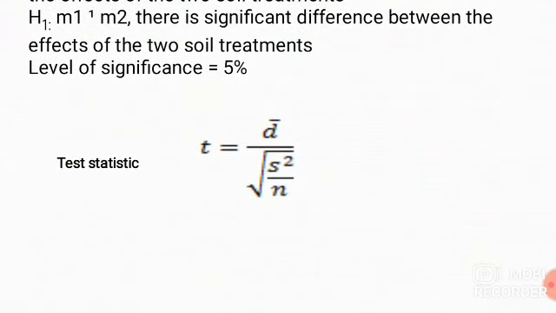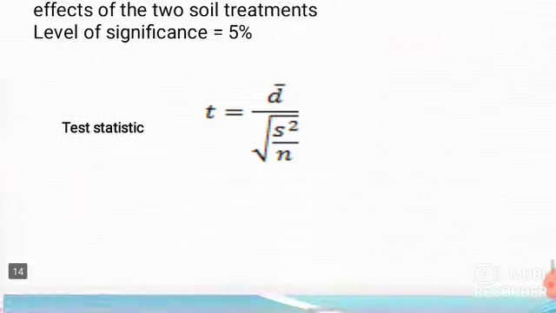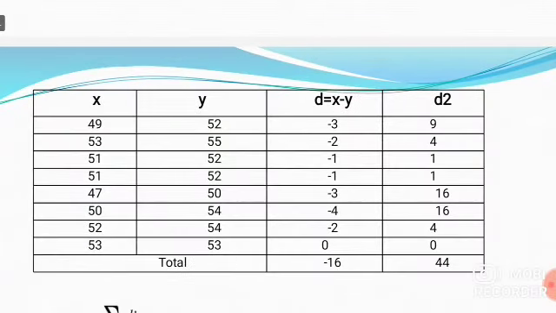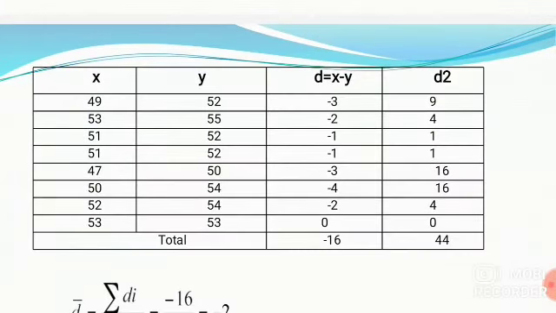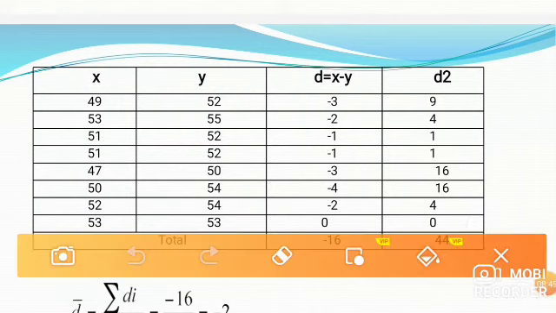The test statistic t equal to d bar divided by the square root of s square divided by n. Now we find d equal to x minus y. 49 minus 52 we get minus 3. 53 minus 55 we get minus 2, and so on.